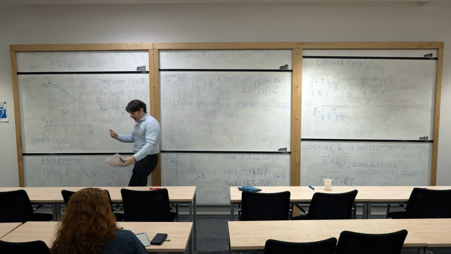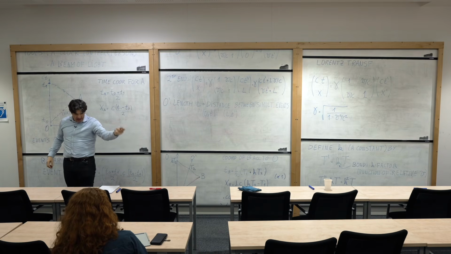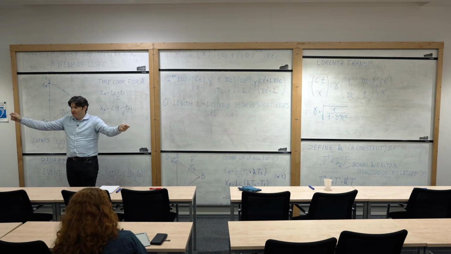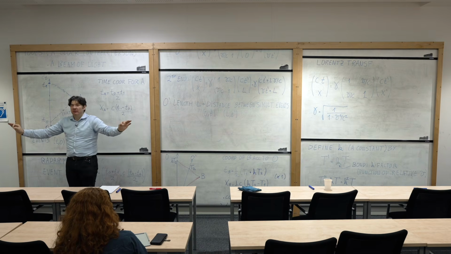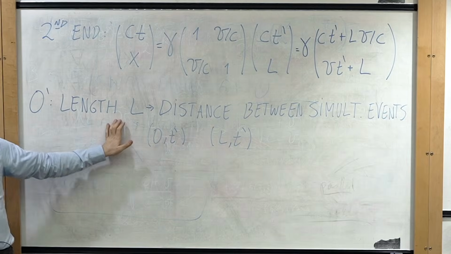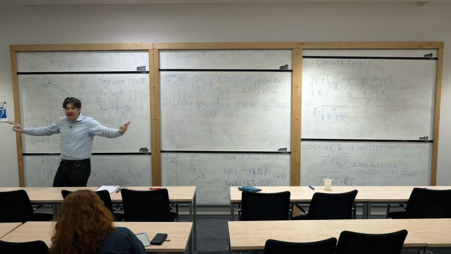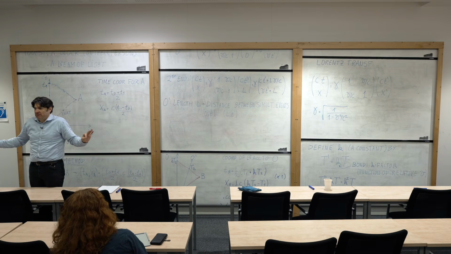So you take two events, one of them lives at one end of the rod, another one lives at the other end of the rod, at the same time t prime, because O prime is the one measuring the length now, and the distance between these two things is L.